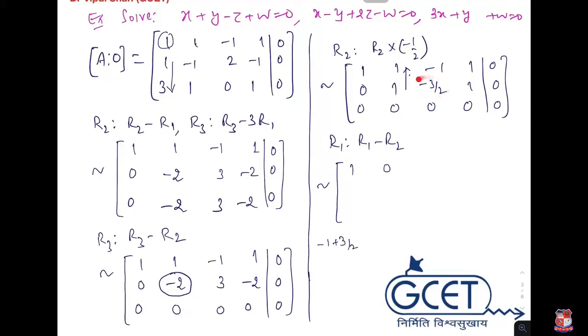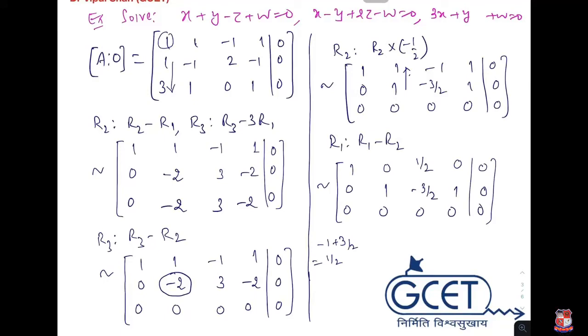This is a minus, so plus 3 by 2 and minus 1. So this is nothing but 1 by 2. Then this is 0 and 0. So this is 0, 1, minus 3 by 2, 1, 0. 0, 0, 0, 0 and 0.